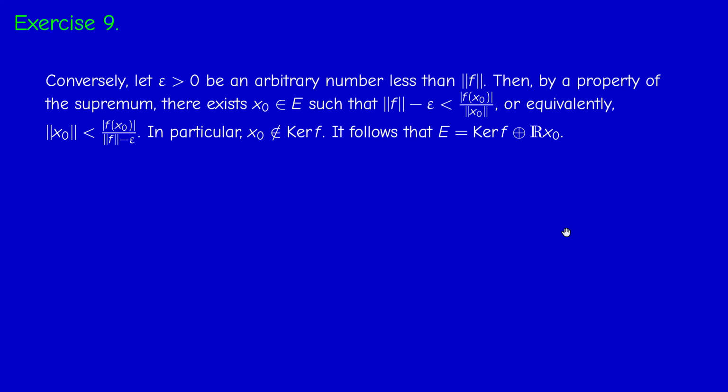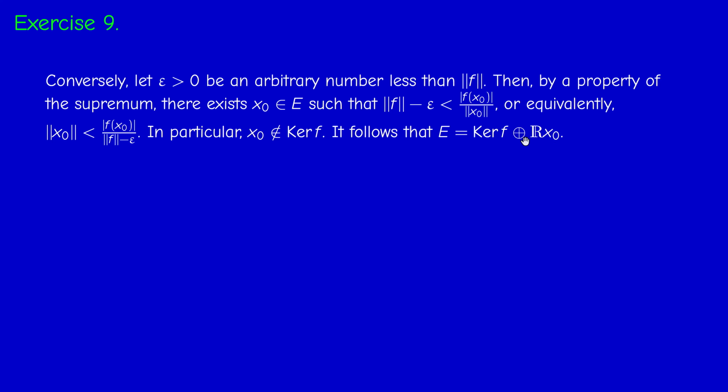And we know from the preliminaries in section 2.2 that the kernel of f has a one-dimensional complement. So it's easy to check that E is the direct sum of the kernel and the one-dimensional space generated by x0.